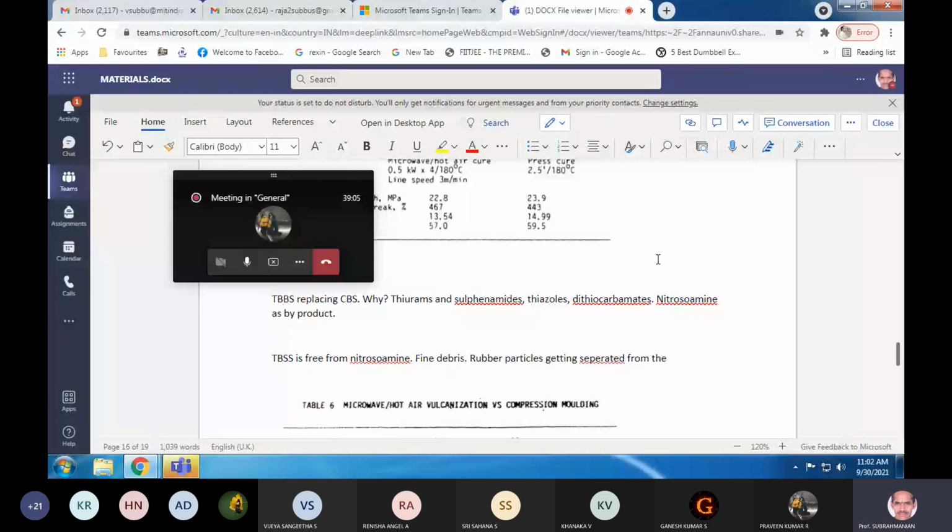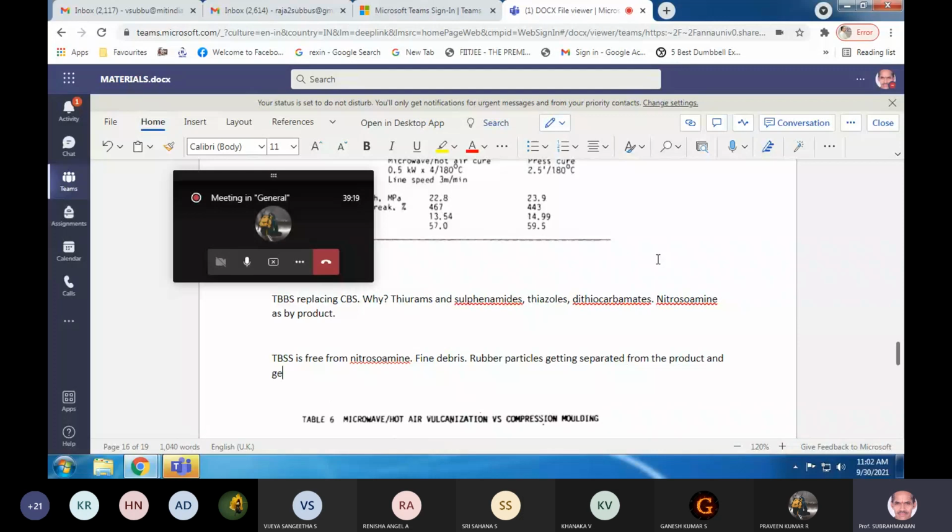What happens? Separated from the product, right, and they get into the atmosphere, number one, and waterways. So these rubber particles are harmful. Why? They are non-biodegradable.